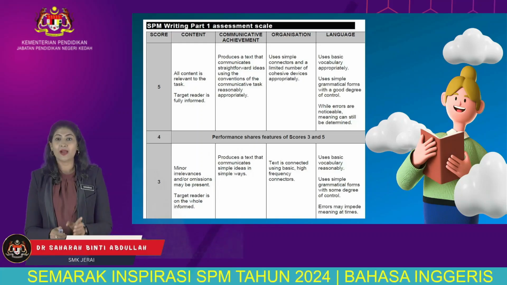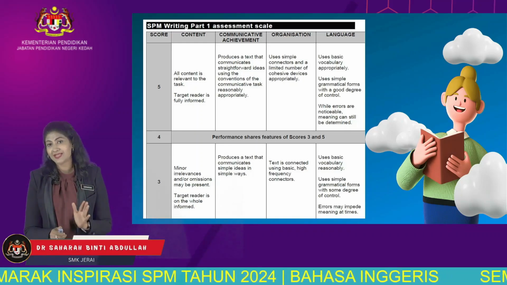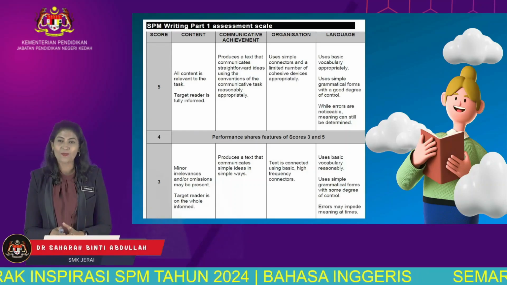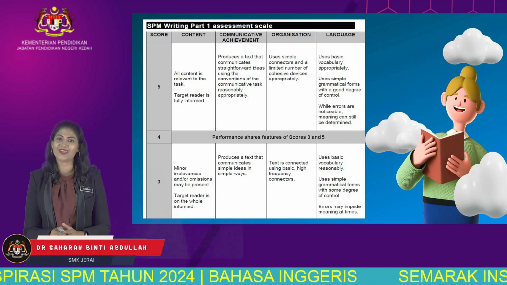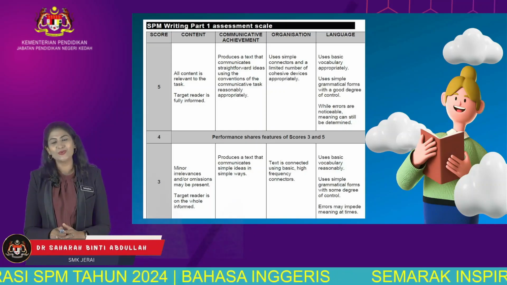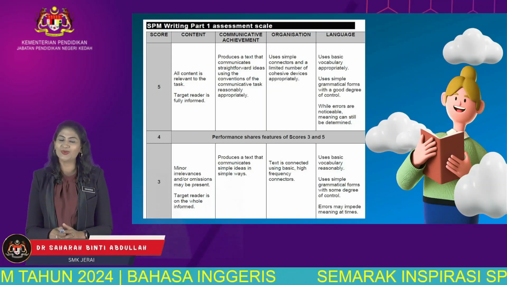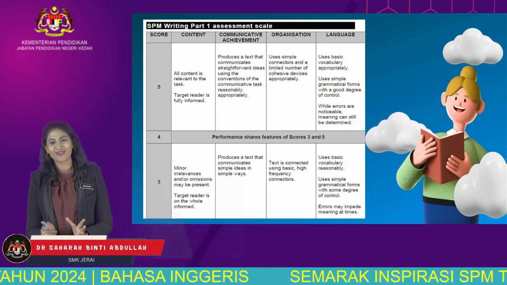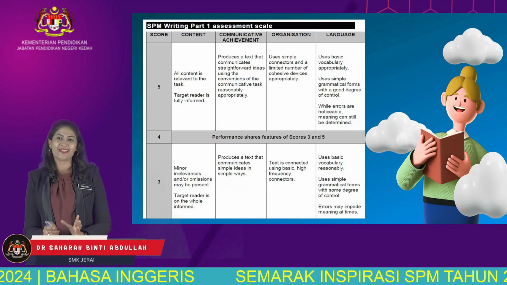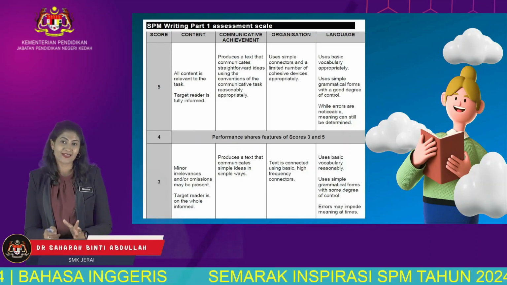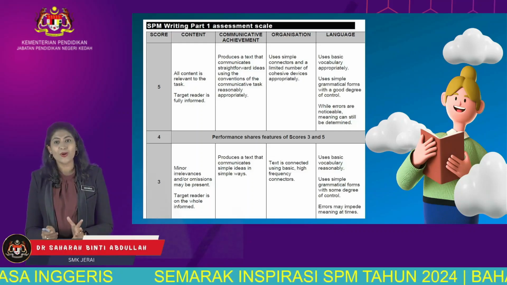So I would like to say that part 1 email is actually easy to score. But if you don't follow the assessment scale, then you're going to lose a lot of marks. Don't make those mistakes. This is actually to help students get all the marks, so you have to answer as required by the assessment scale. For organization, it's actually very easy to score 4 or 5, but you must know how to score.